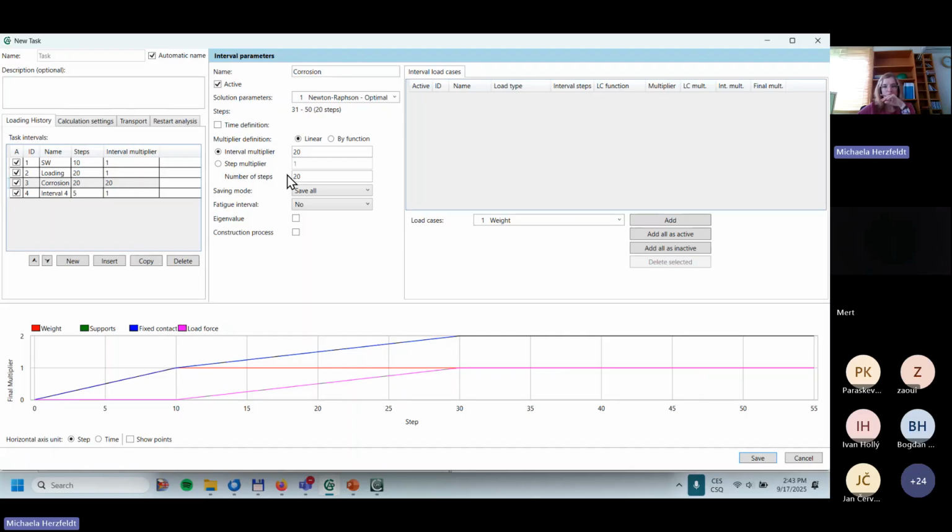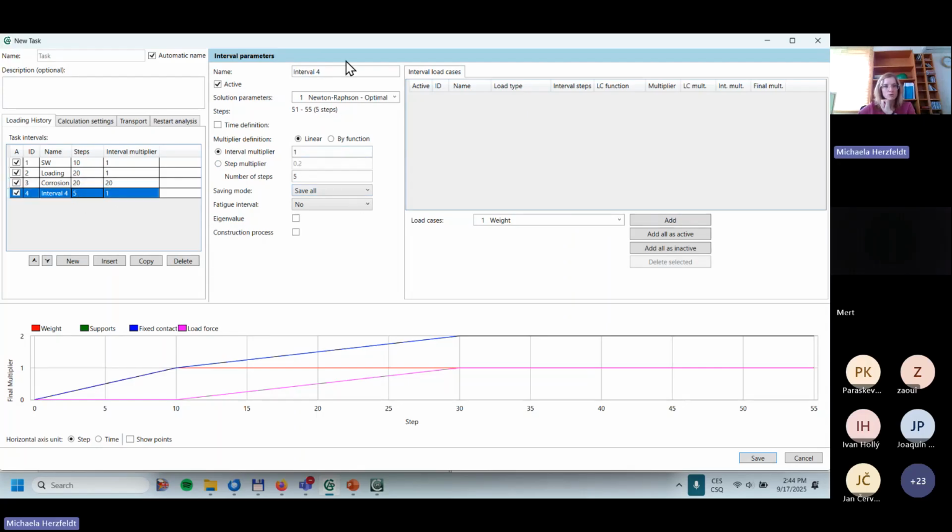But ATENA actually knows which are total ones, so it should be done automatically. But sometimes it's good to be careful that those total conditions always have each step multiplier 1.